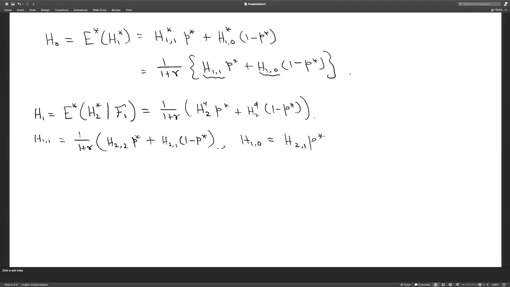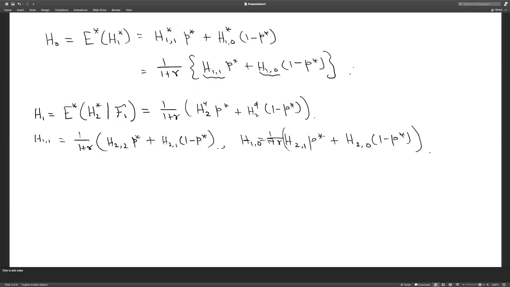Well, there is a 1 by 1 plus R factor here, that is equal to 1 by 1 plus R into H21 P star plus H20 1 minus P star.